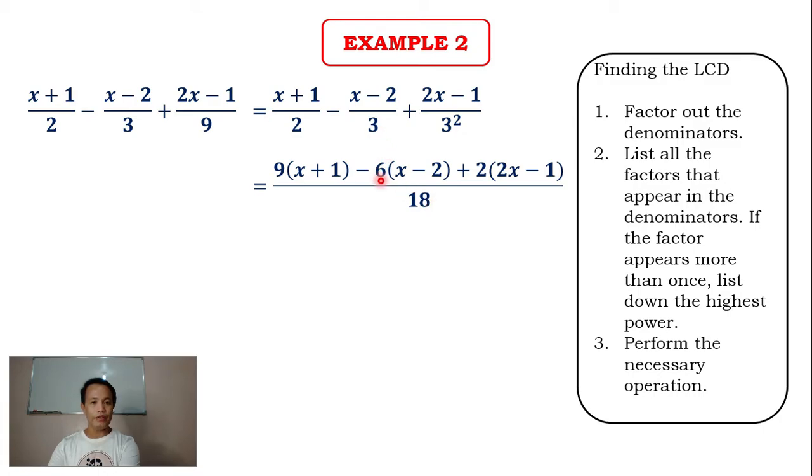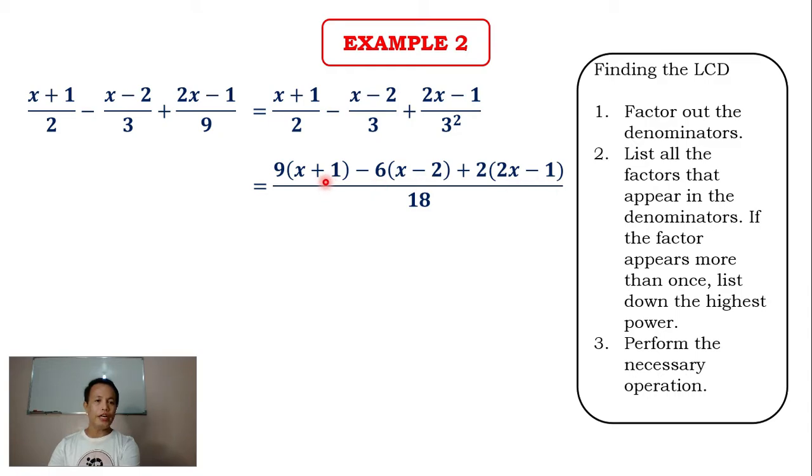That's why we have here 6. And we multiply that with the numerator, which is x minus 2. Then we copy plus. Then 18 divided by 9. 3 squared is 9. So 18 divided by 9 will give us 2. So therefore, we have here the 2. Then we multiply that with the numerator, which is 2x minus 1.